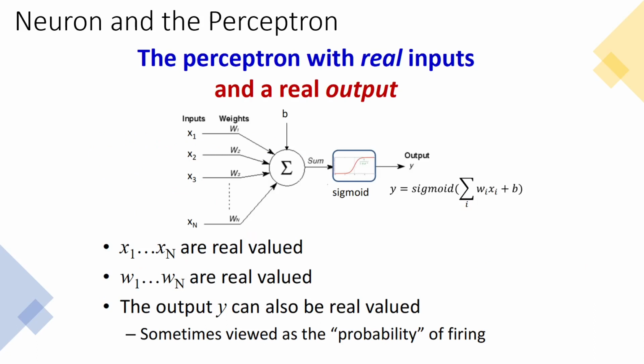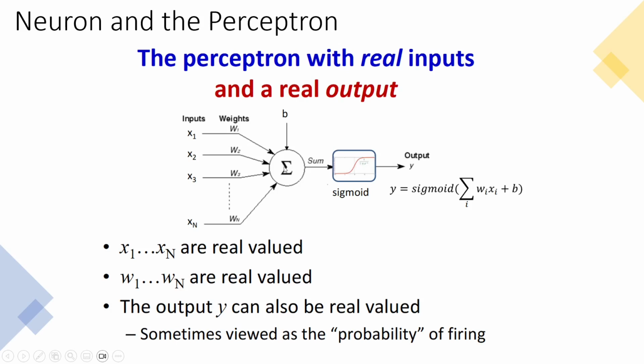So, do we actually need to always fire a 0 or a 1? We don't actually need to do that. We can have real value inputs. So our inputs, these x's, can be real values. The weights can be real values as well. And at the outputs, we don't need to have a 0 or a 1.